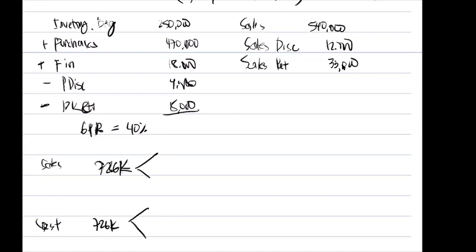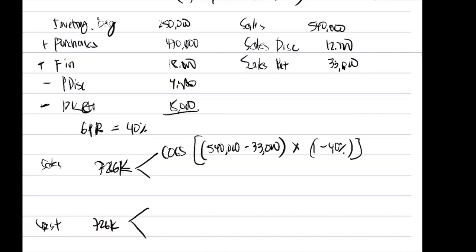So now, if that is based on sales, how do we compute again? To compute for your cost of goods sold, that is equal to your net sales, which is your sales less sales return. So 540,000 less 33,000 multiplied by 1 less the gross profit rate of 40%. So how much is our cost of goods sold? So we have here 540 less 33 multiplied by 60%.